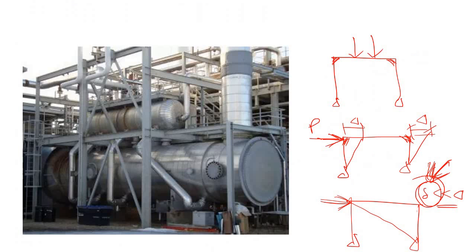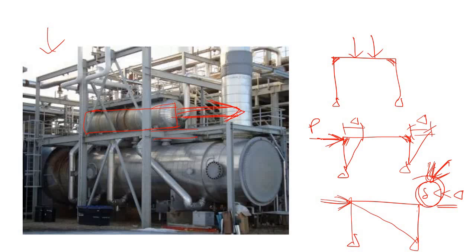Now look at the bracing in the exchangers. Here you can see that this is the exchanger. Of course, when you pull out the bundle like this, the lateral load will be applied first on this beam.